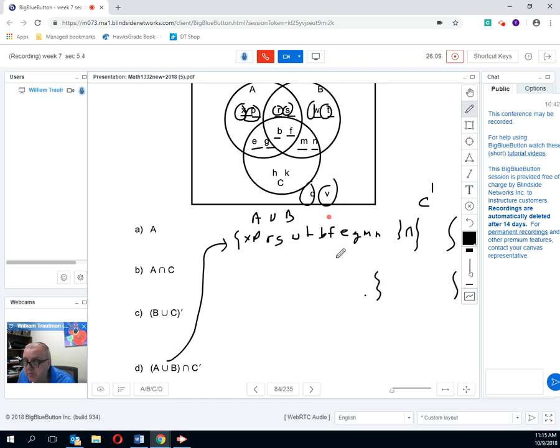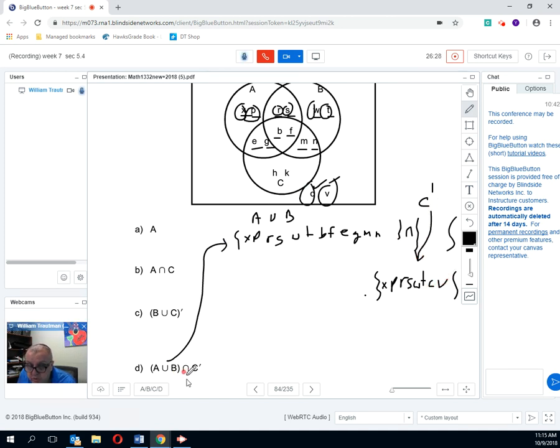All the numbers that are not in C are X, P, R, S, W, T, and these two. I'm not sure what that letter is. I think that's a C and a V. Those are not in C.